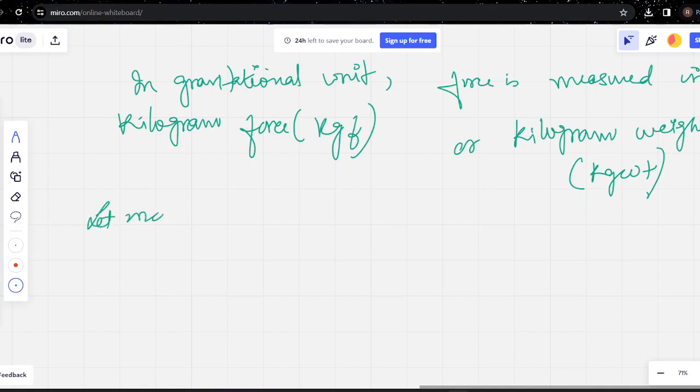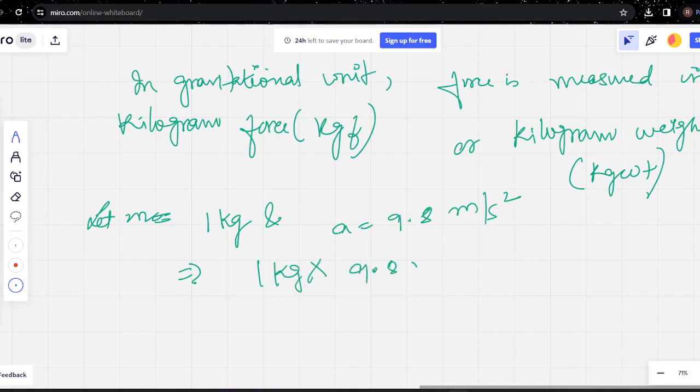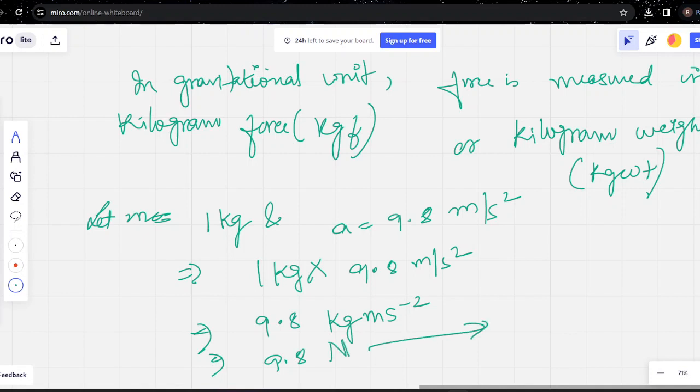Let's say m equals 1 kg and acceleration equals 9.8 meter per second square. According to the formula, if I substitute it, it would be 1 kg into 9.8 meter per second square, resulting out to be 9.8 kg meter per second square, which means 9.8 Newton, giving me 1 kgf.